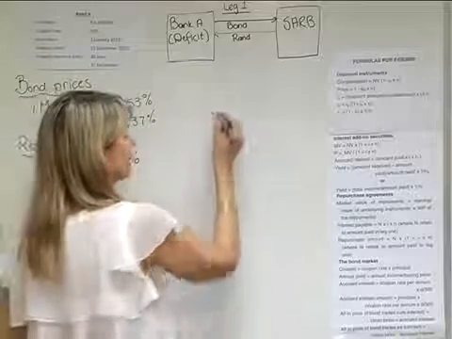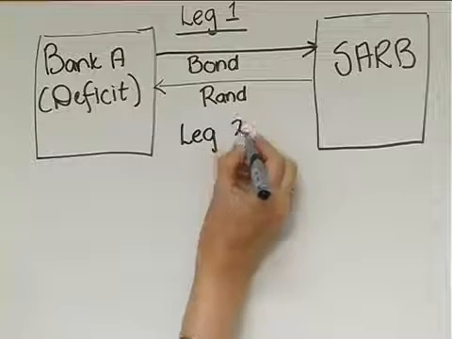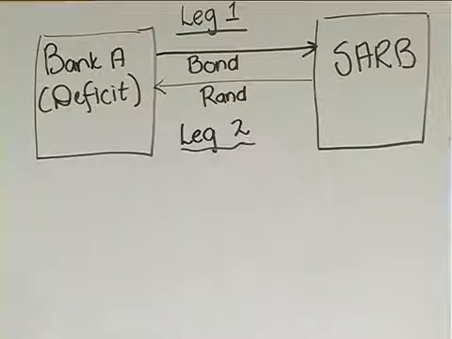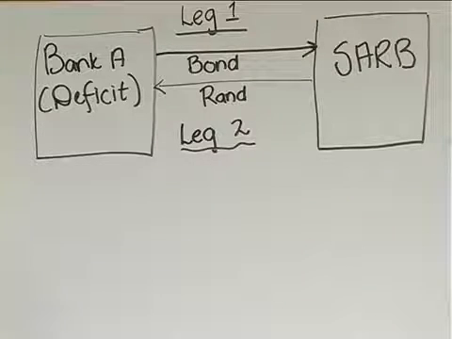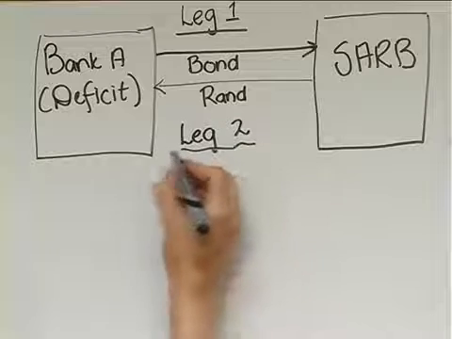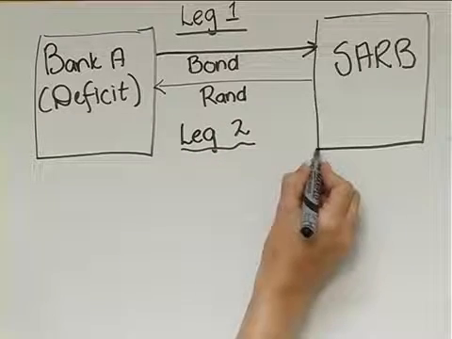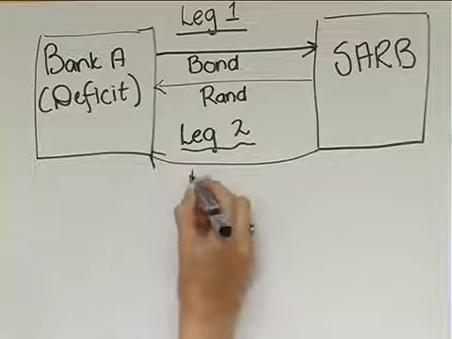So this bond, this financial instrument, will go to the Reserve Bank and money flows to the bank to finance the deficit. Then, in leg 2, because it's a repurchase agreement, the bank is going to buy the bond back from the Reserve Bank.